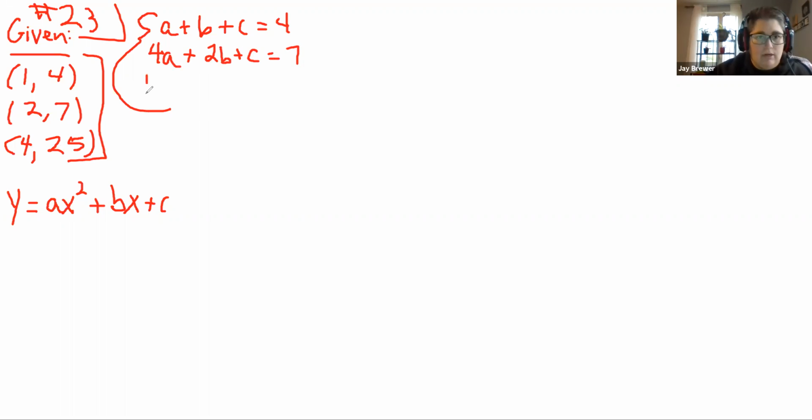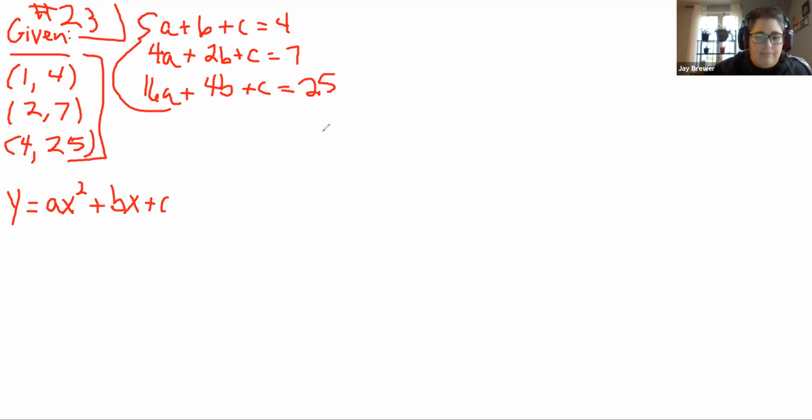Well, 4 squared is 16, 16a, 4b plus c, and the output is 25. That's the first hard thing you have to do. Okay, so you have to remember how to do that.